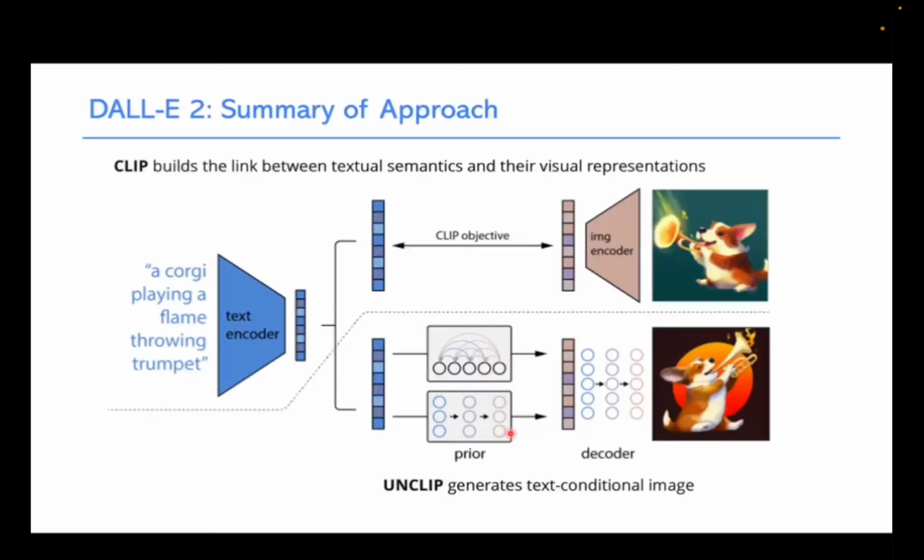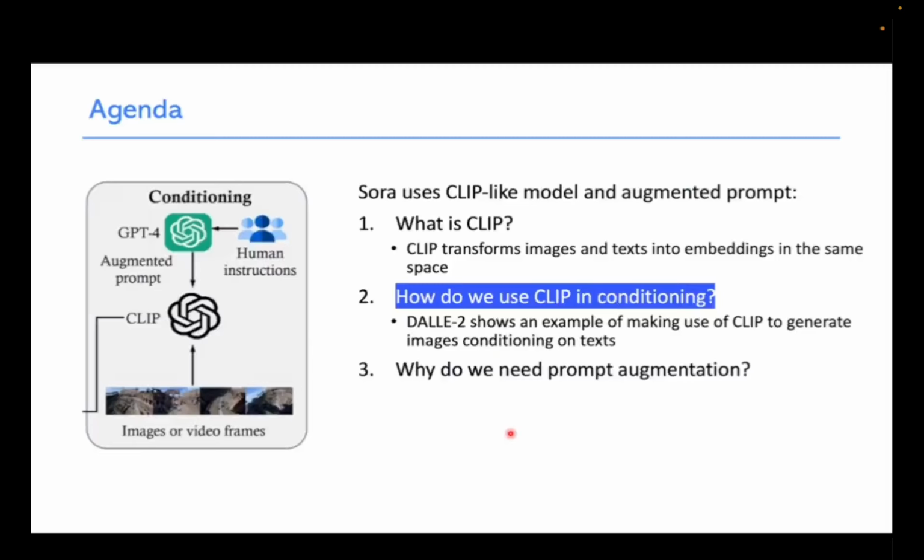Autoregressive means they concatenate the two embeddings from the text and image, and train them to predict the next token based on the previous one? Yeah, similar to that. And so DALL-E 2 shows an example of how to make use of clip to generate images, conditioning on the text.